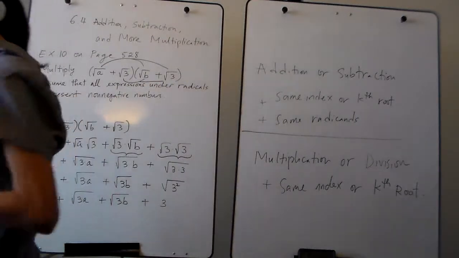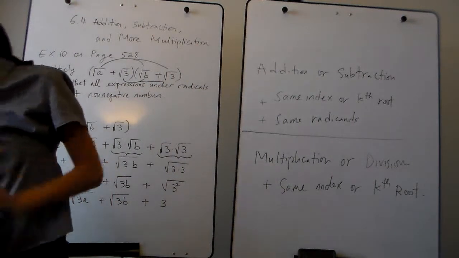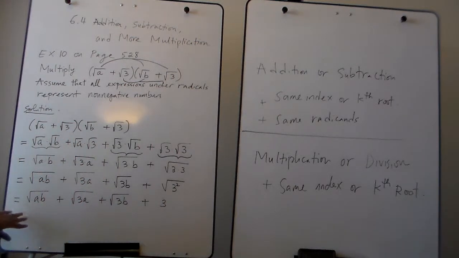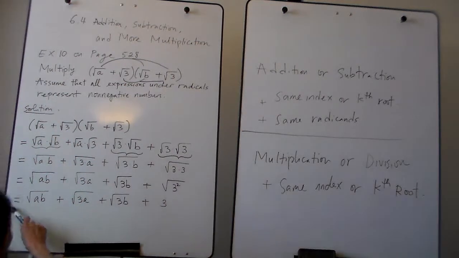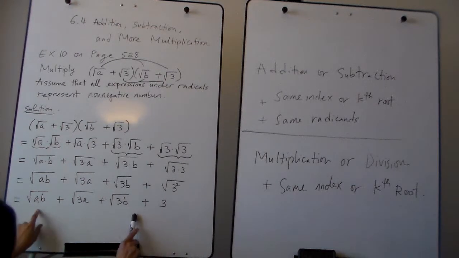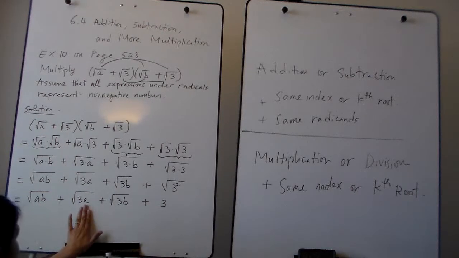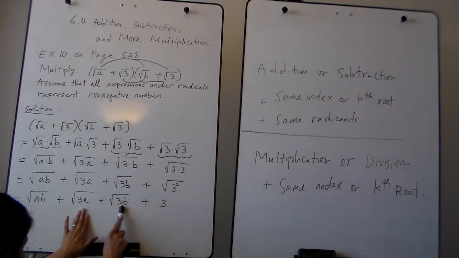All right, so this is example 10. After you simplify, you will have this as the answer because, again, you cannot combine these four terms. These three radicals have different radicands: ab is different from 3a, and 3a is different from 3b.